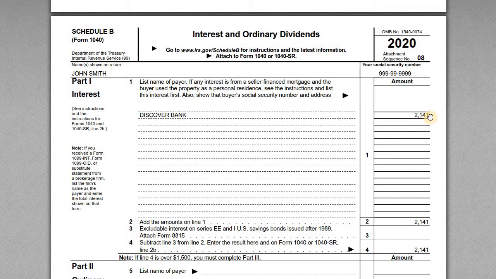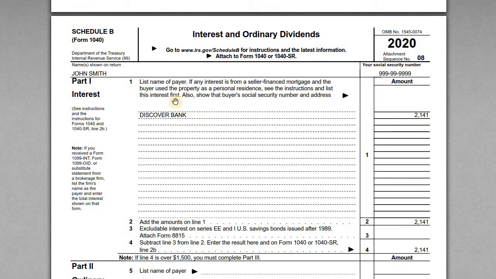Now, you notice we left off the cents there. Under the IRS rules, you actually don't have to report anything in decimals, right? So you're allowed to round for federal tax purposes. So you recall it was $2,141.23. You just round down to an even $2,141, and that's fine. The IRS is okay with that.